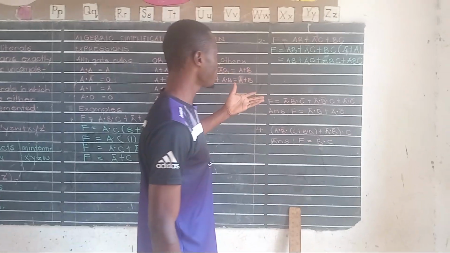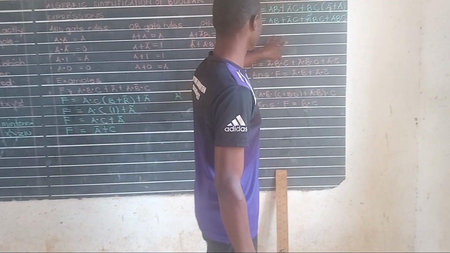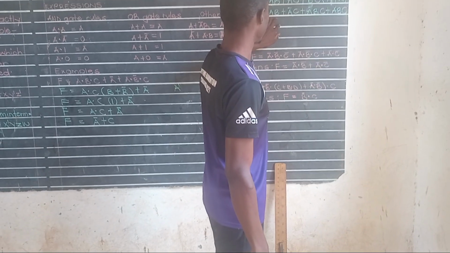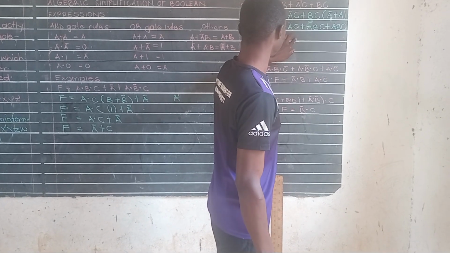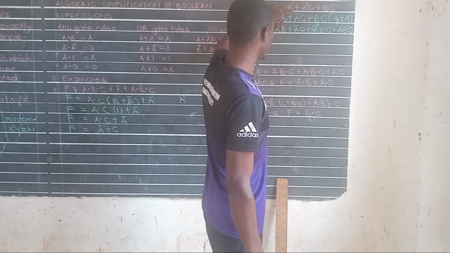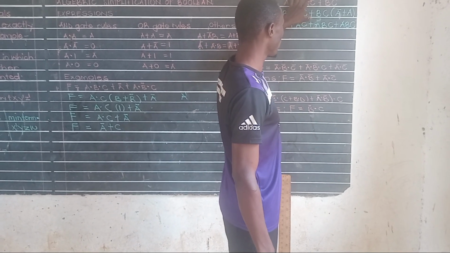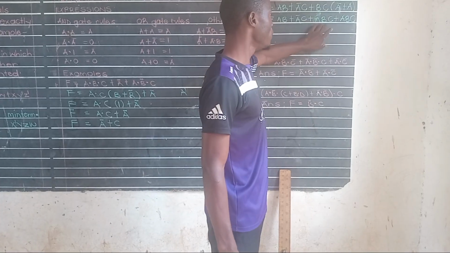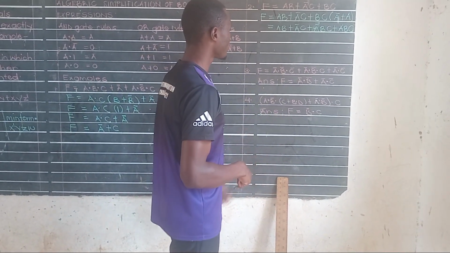Which terms have the common members that I can factor out? Let me see. So this is AB, or not A C, or not A B C, or A B C.